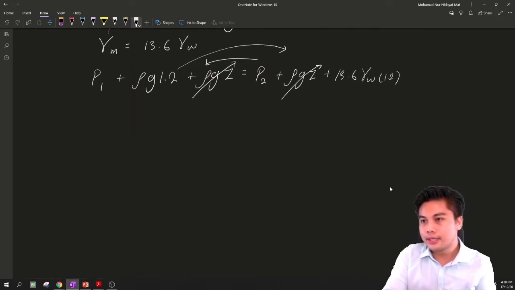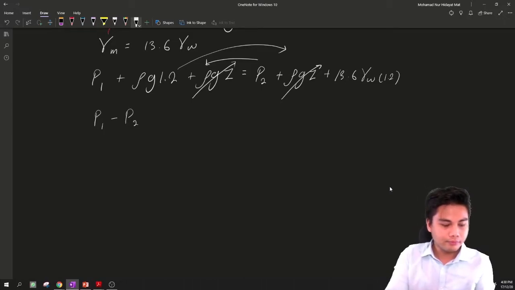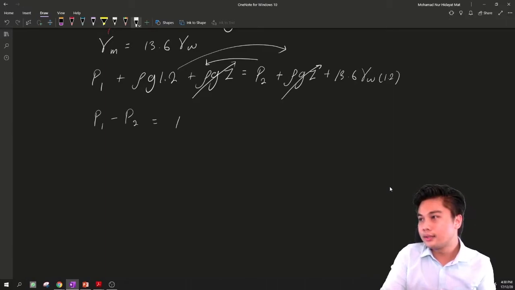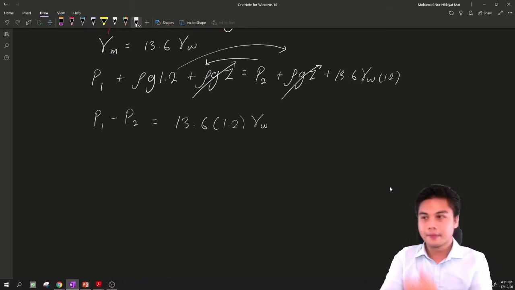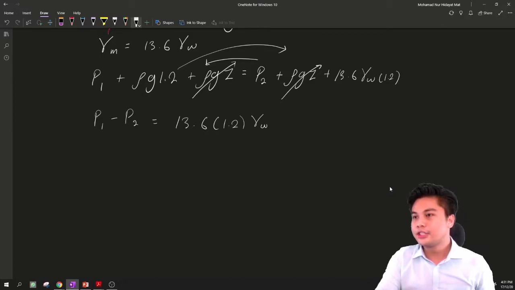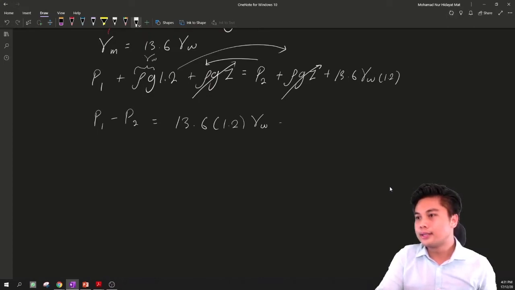So we rearrange, becoming P1 minus P2 equal to 13.6 multiplied by 1.2 gamma of water, minus 1.2 gamma of water, as this is gamma of water as well.